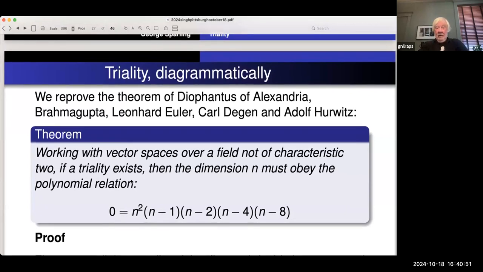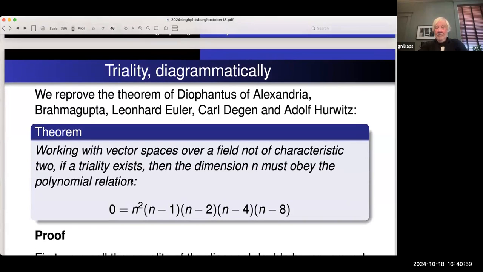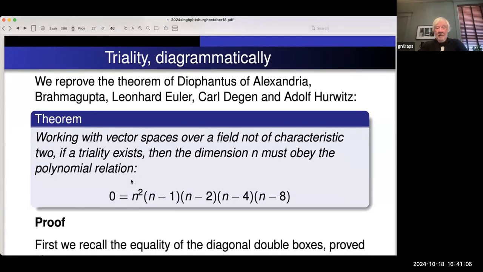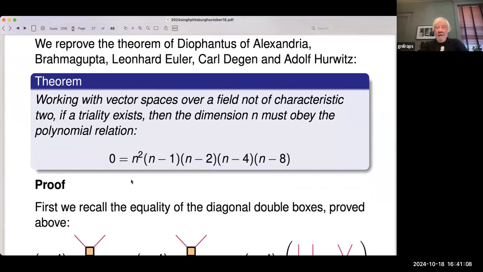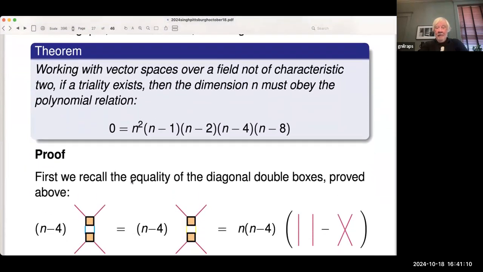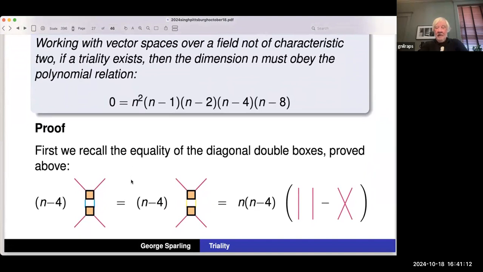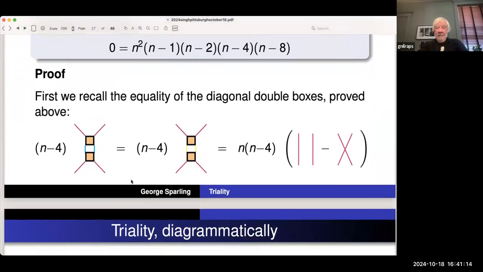Okay? So if you're working in the context of, say, real or complex numbers, that means the only possibilities are that n can be 0, 1, 2, 4, or 8, and those correspond to things like quaternions, octonions, complex numbers, reals, and n equals 0 is just sort of trivial. And so you can just write down the proof straightforwardly using the ingredients that we have.